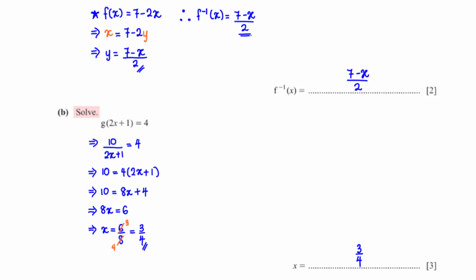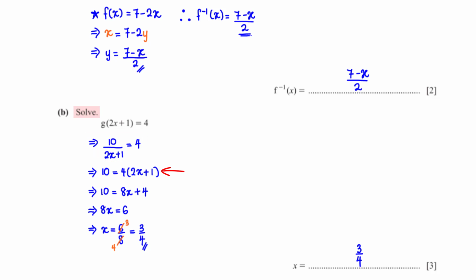Solve g of 2x plus 1 equals 4. To get g of 2x plus 1, we replace x in g of x with 2x plus 1. This gives us 10 over 2x plus 1. When we multiply both sides by 2x plus 1, this is what we get.